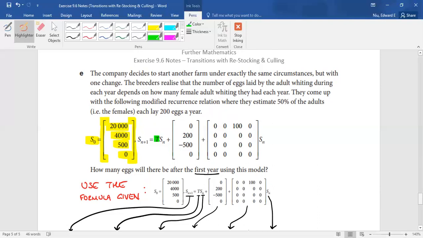So where this came from is, well, if they lay 200 eggs a year, possibly they're estimating only 100 will survive.